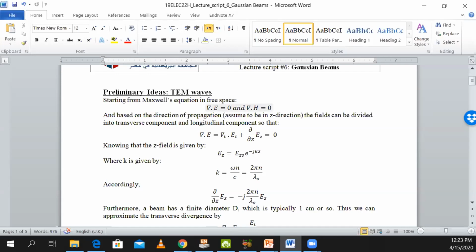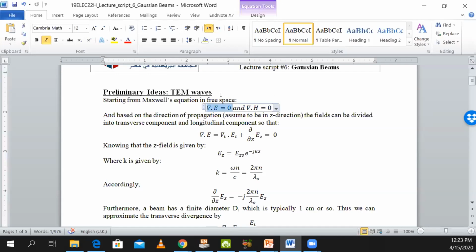So basically, we can say that div E equals 0. If you remember, the origin of this equation is that div D equals rho V. And as far as we are talking about a free charge region, because normally light is propagating in air, and air is a free charge region, rho V equals 0. And you can say that for an isotropic medium, D equals epsilon times E, and epsilon is an independent parameter.